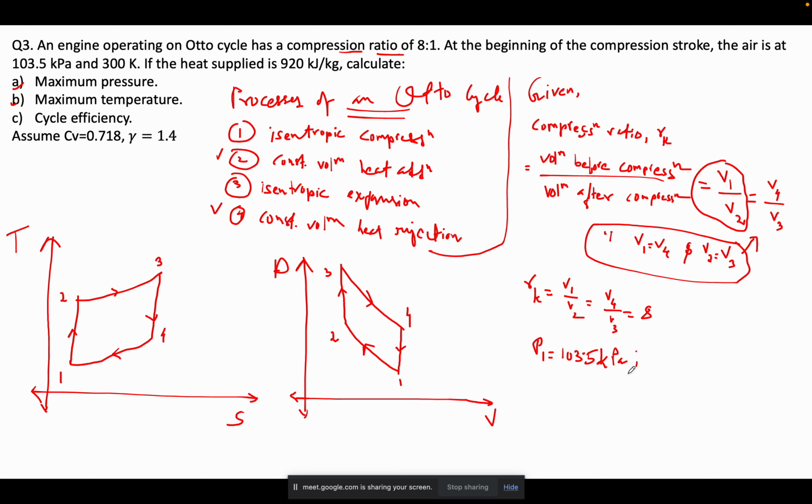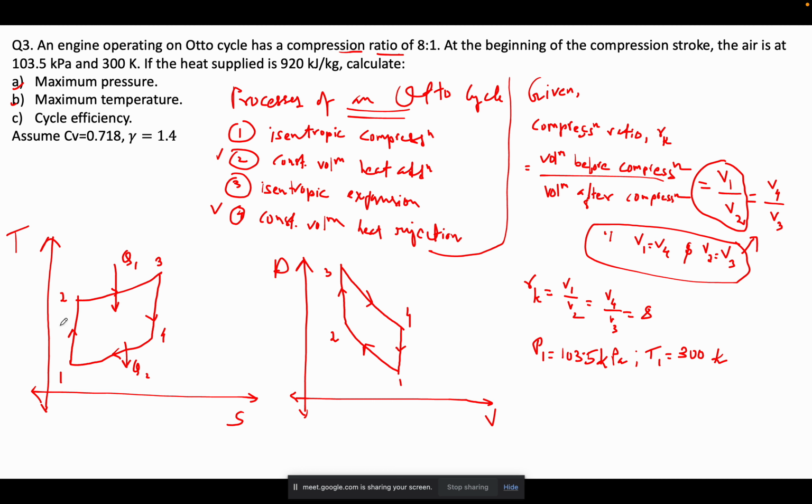And your temperature is given as 300 Kelvin. Now the heat supplied is given. Heat addition takes place at this process and heat rejection takes place at this process.